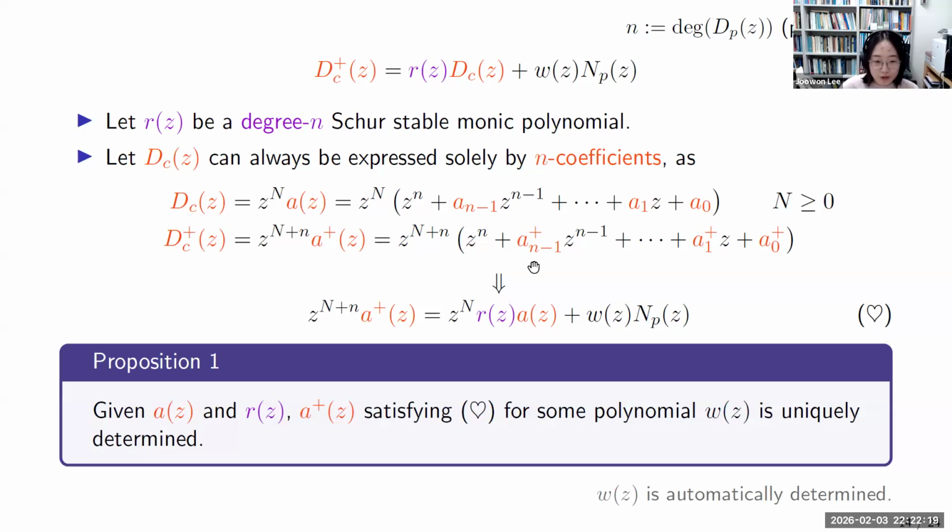And now our interest is how to choose R so that this A becomes an integer polynomial. And we have shown that given the current A and our choice of R, the next A satisfying this equation for some polynomial W is always uniquely determined. And when A plus is determined, W will be automatically determined. So now our focus is on the relation between this current A and our choice of R and the next A.